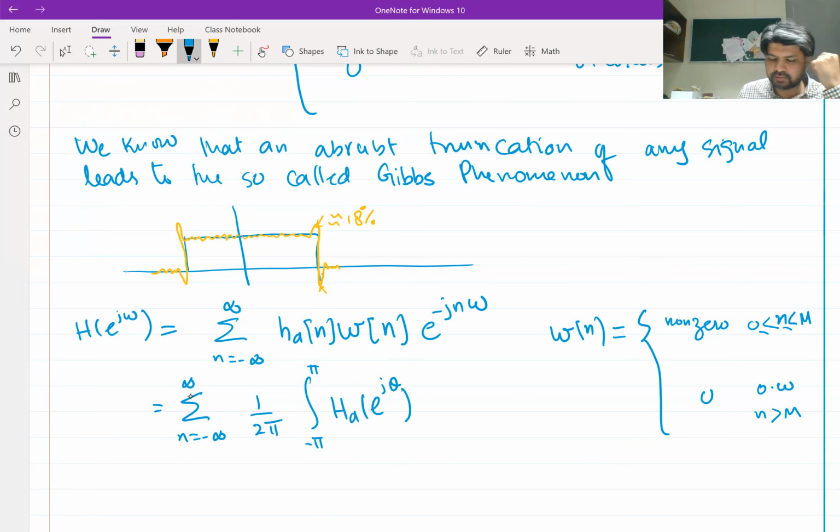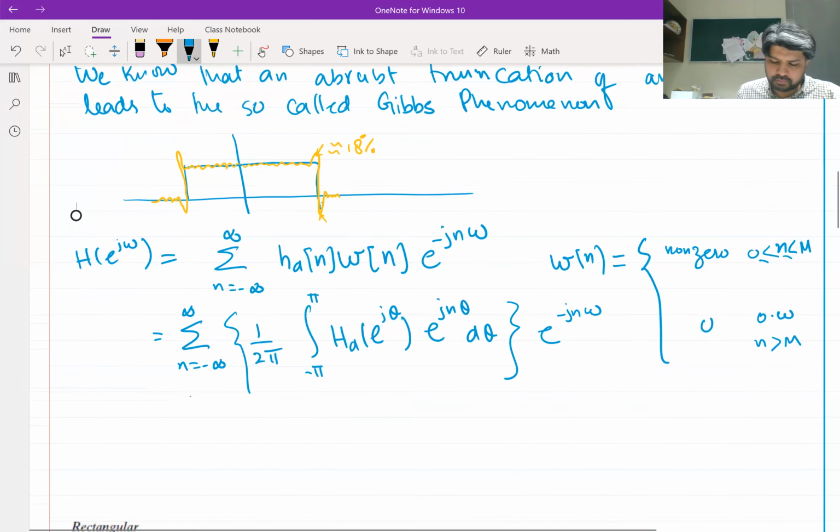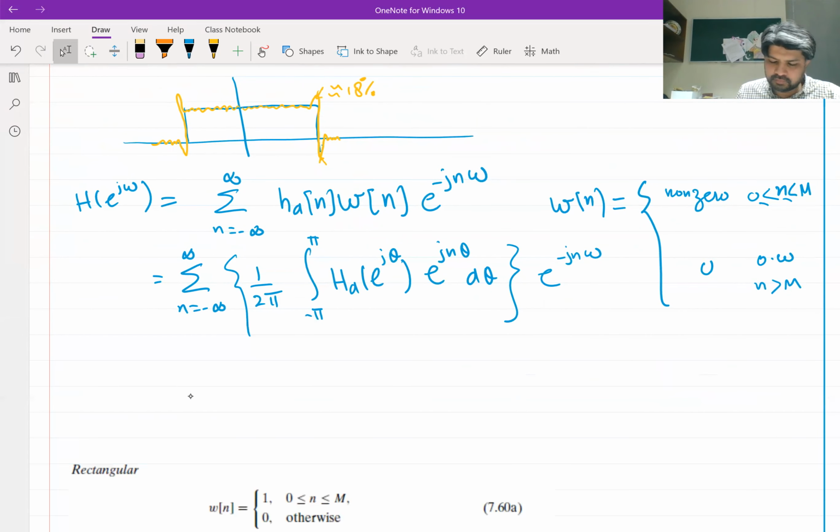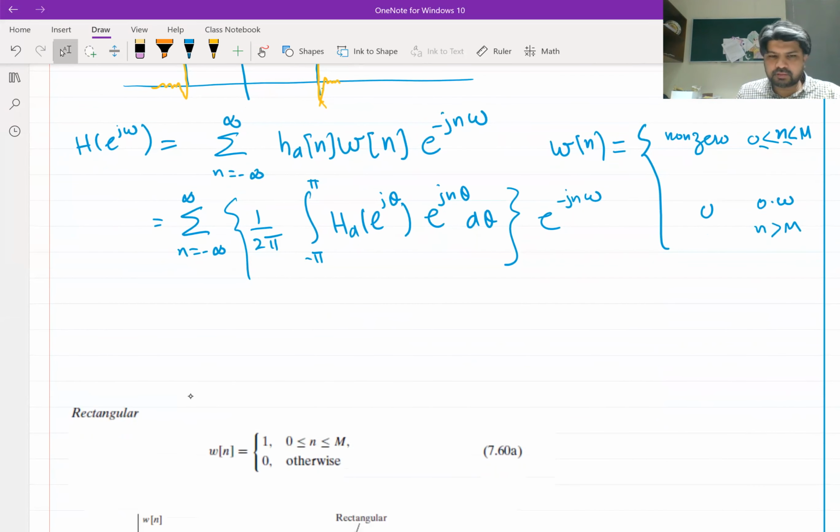So let me choose another dummy variable, e to the power j n theta d theta, times e to the power minus j n omega. Okay, and because of the linearity of these integration and summation, we would interchange the order. We have done this many times in our signals and systems course, so it's a usual practice.